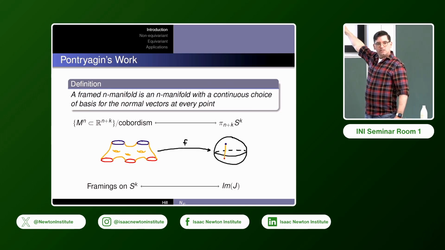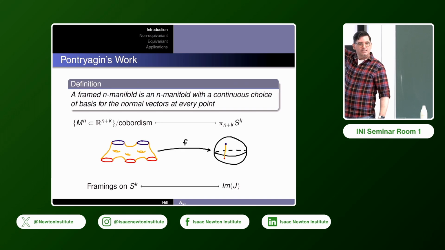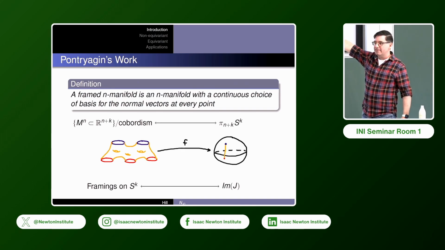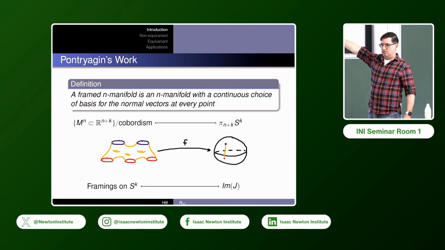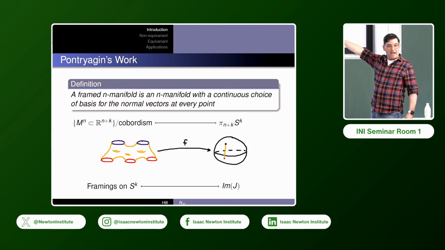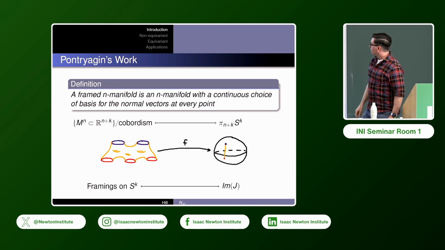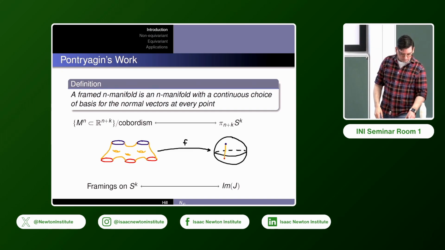And I'm in a sphere, so I can choose a path that connects the blue dot to the red dot. And I can take the inverse image of that whole path. And that's now a manifold that's one dimension bigger, whose boundary is the inverse image of the blue dot together with the inverse image of the red dot. So different choices of points gave me cobordisms, or cobordant manifolds.